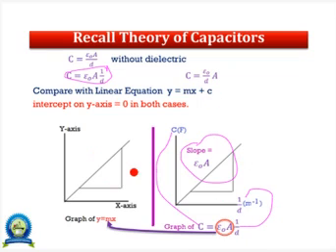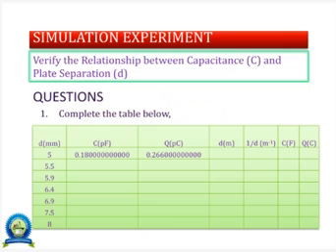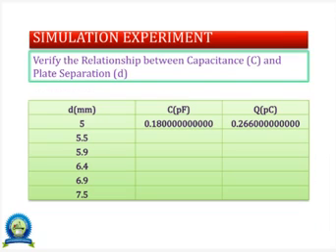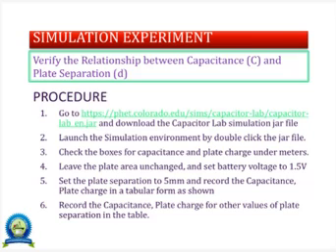Yes, sir. So we need to quickly go back to the simulation window, and as usual, we are making use of the Capacitor Lab. It's a Java file, and it's available from the University of Colorado PhET simulation platform.